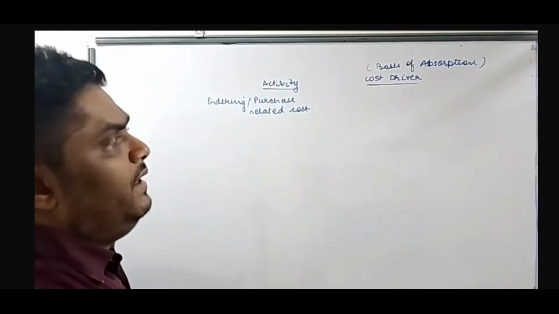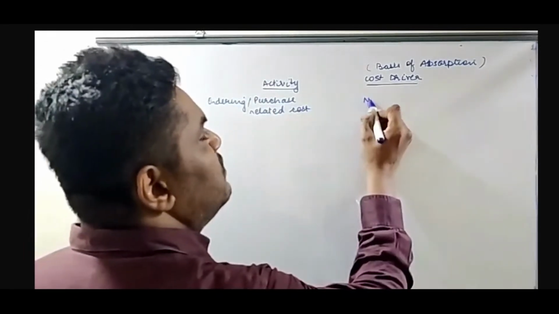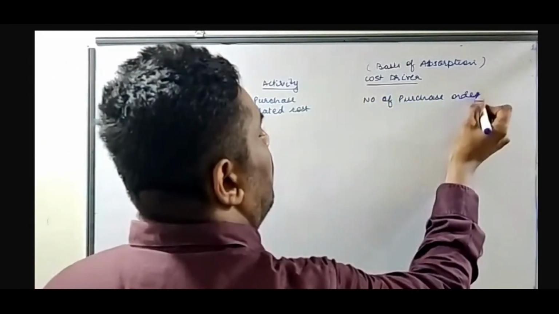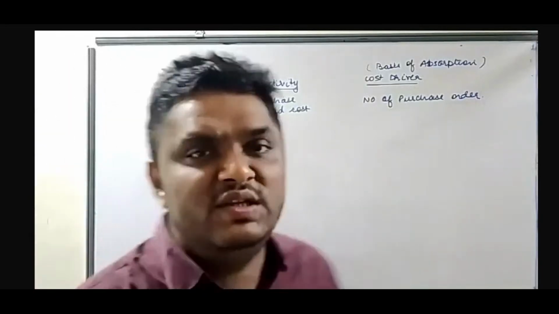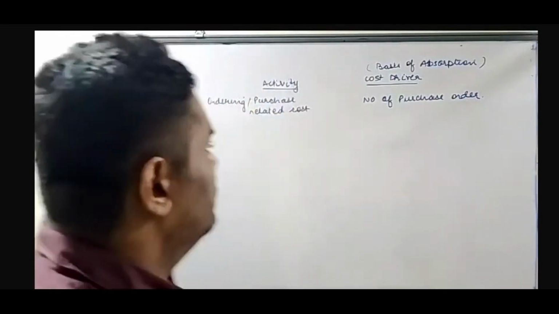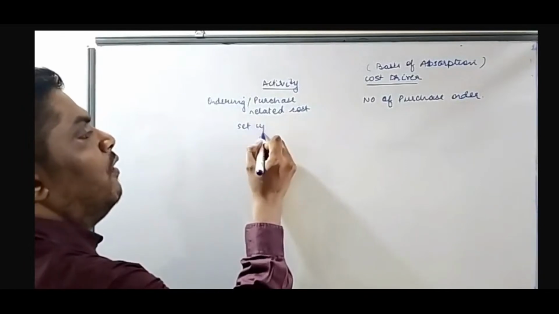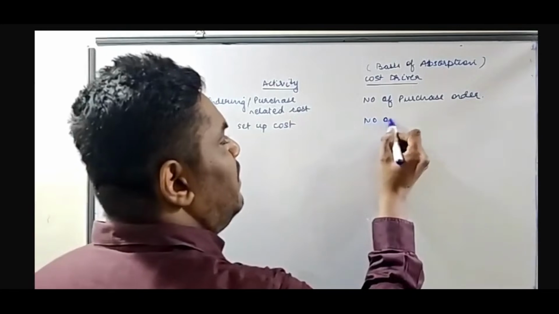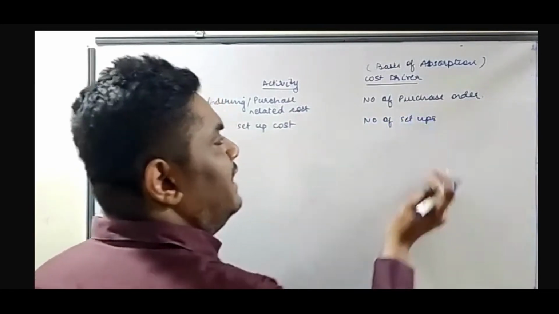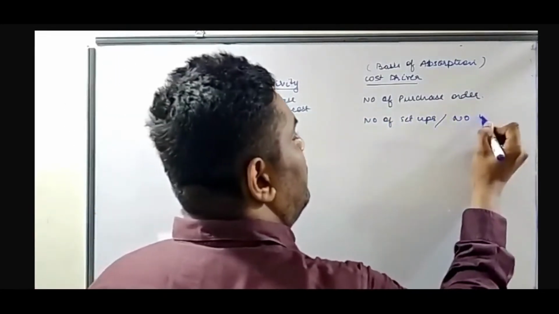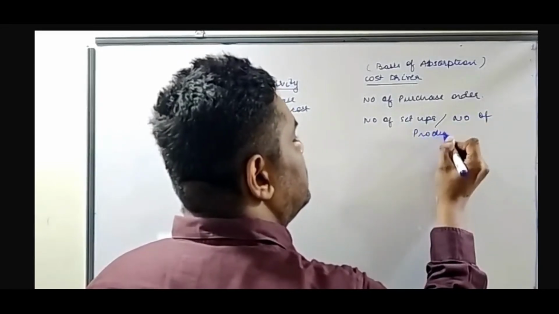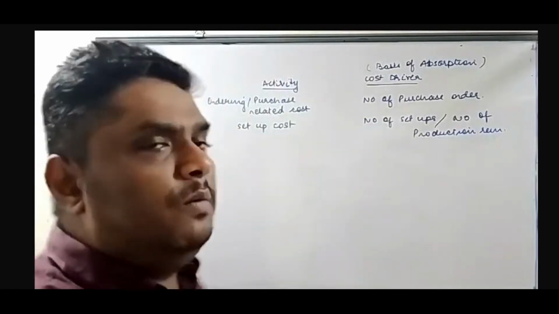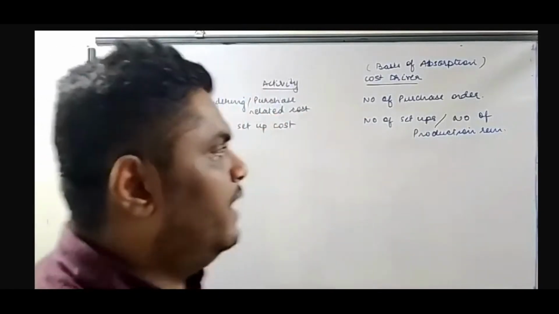This can be an activity, and this is to be absorbed on the basis of number of purchase orders. Setup cost can be absorbed on the basis of number of setups. If number of setups is given, it's fine. If not, then number of production runs will always be given in the question. It can be absorbed on the basis of number of setups or number of production runs.